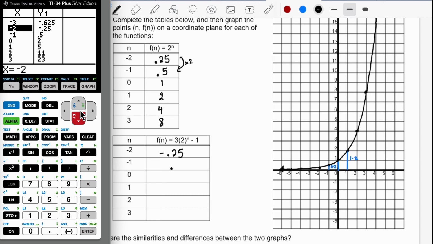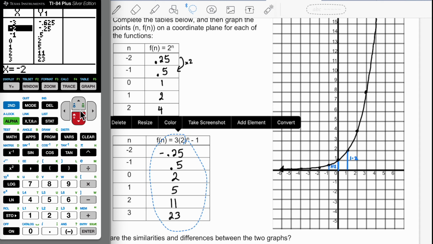Then positive 0.5. Then 2. 5, 11, and 23. The 23 is not going to fall on the grid. We're going to run out of room, so we won't worry about that one. But the other points we can get on there. Make it red.